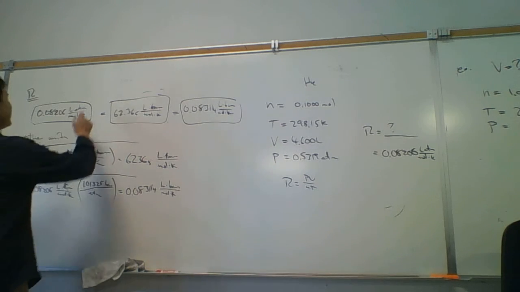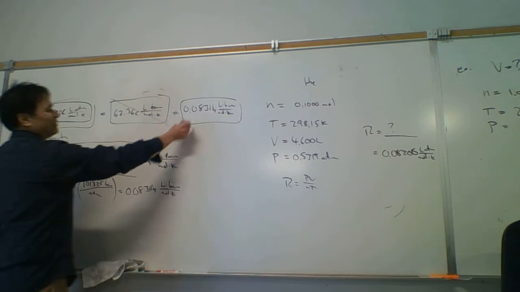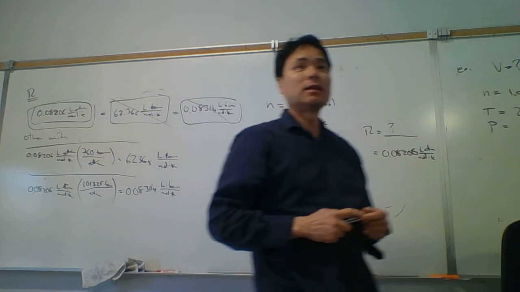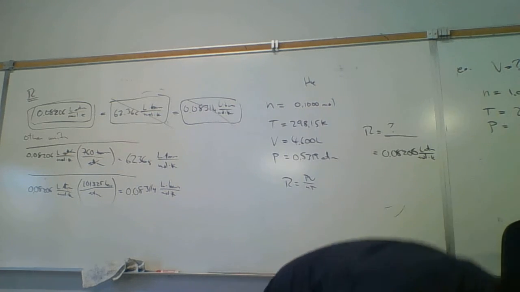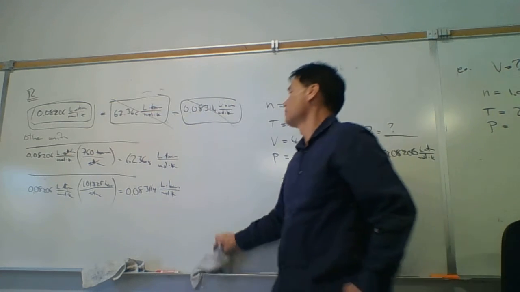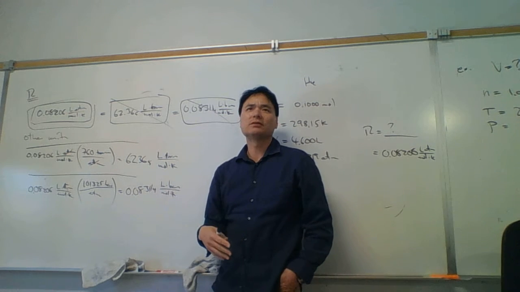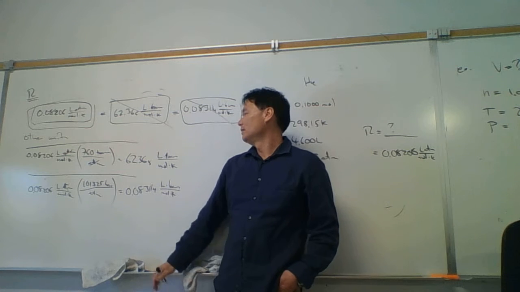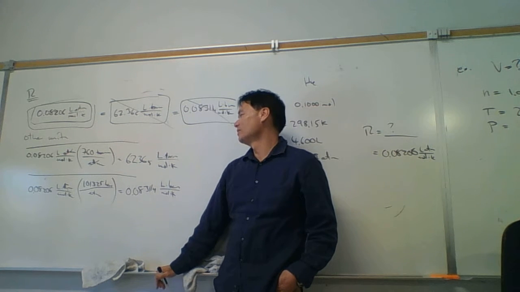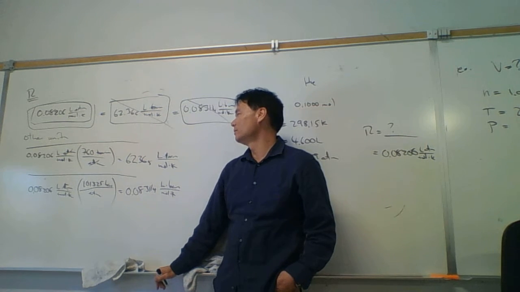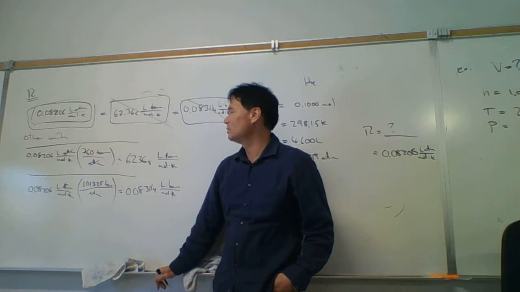I recommend memorizing this first one. Don't bother memorizing these two. Why? Because if you're given torr, it's much easier to convert from torr to atmospheres. If you're given bars, it's much easier to convert from bars to atmospheres. So we'll just do the conversions for the individual units.